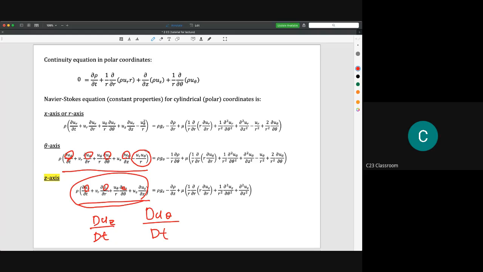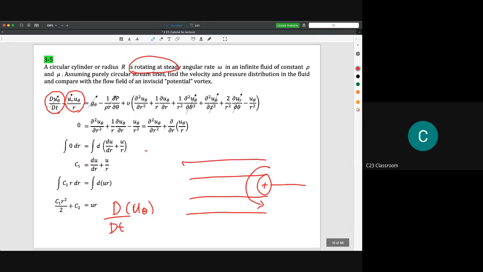Please be careful on this term. If the situation is steady, you could make a zero assumption only for du theta over dt, but you must check whether the value here is equal to 0 or not, because u theta over r is actually not equal to 0.